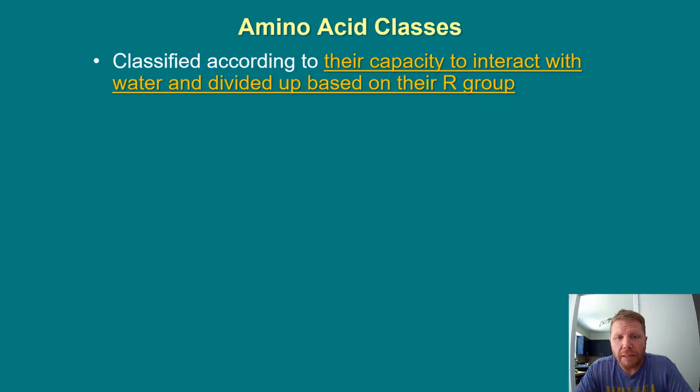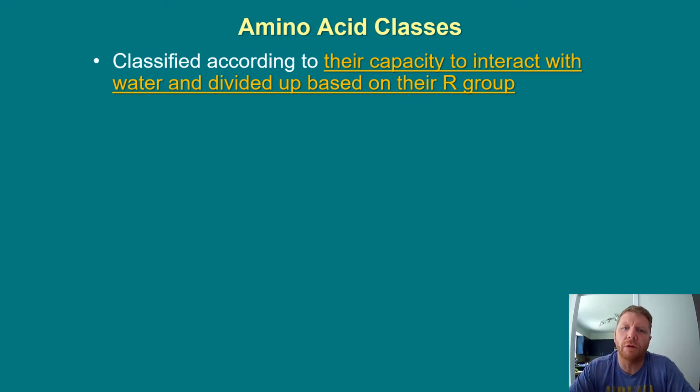Now, amino acids can be classified into a number of different groups based on their interactions with water and based on their functionality as well. Now, in terms of learning the structures and becoming familiar with them, there's tons and tons of different mnemonics, and some people might say, okay, what I'm first going to do is say which of them have sulfur, for instance, and then which of the R groups have a nitrogen in them.